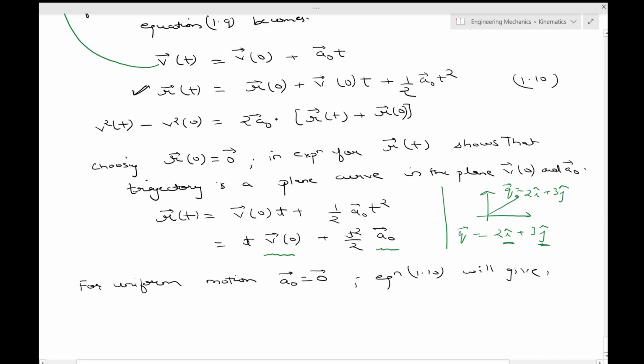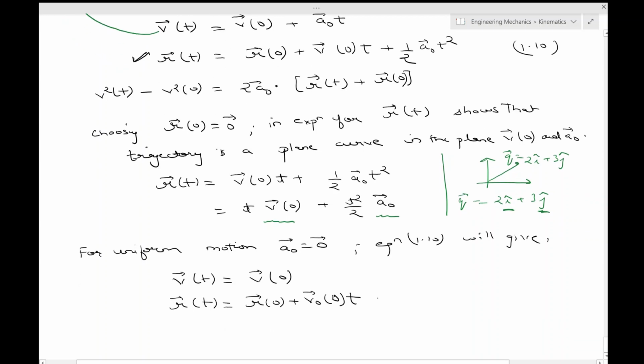So there will be no acceleration either in magnitude or in direction. That will give us velocity of t equal to this value, meaning the velocity will remain unchanged. The position will be equal to r0 plus v t. So the position vector does change. So this is a straight path.